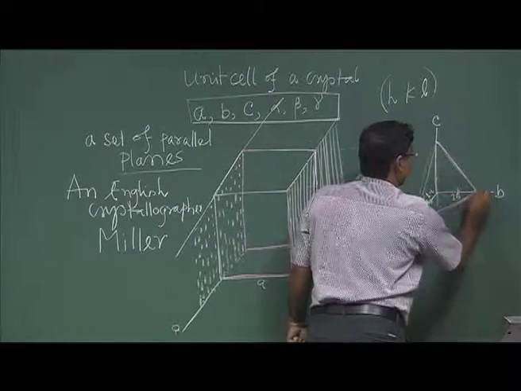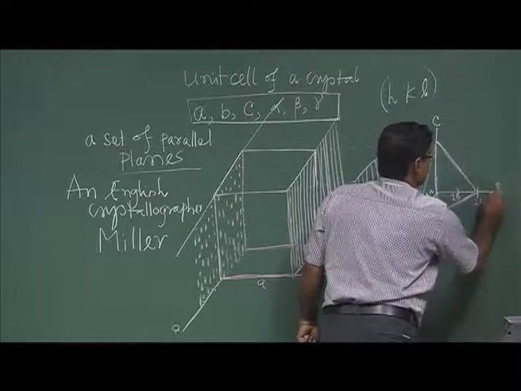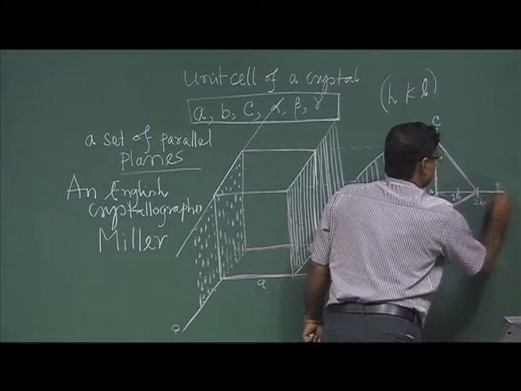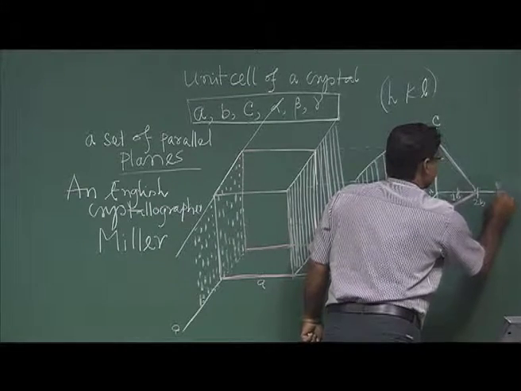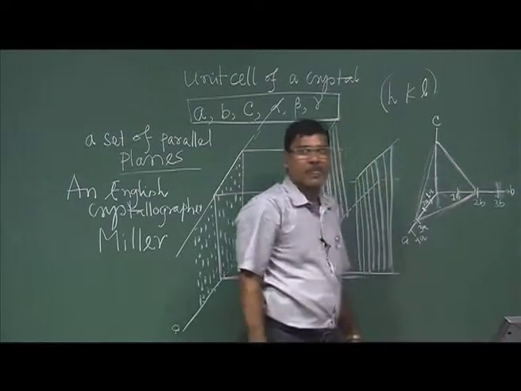And this one, say 1B, 2B, 3B, okay, so that is the B axis.